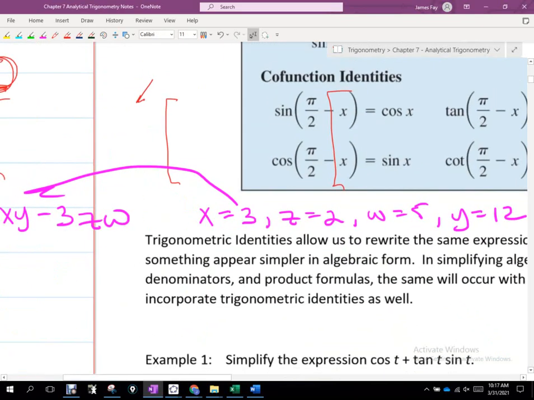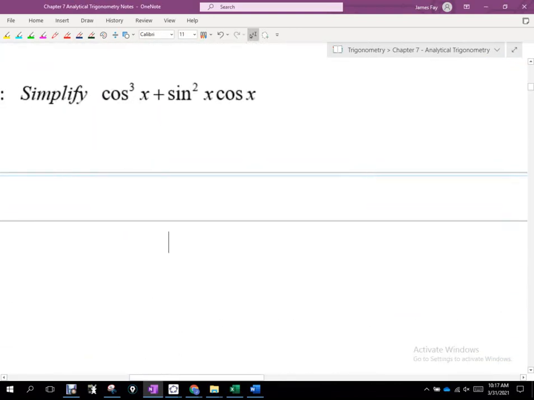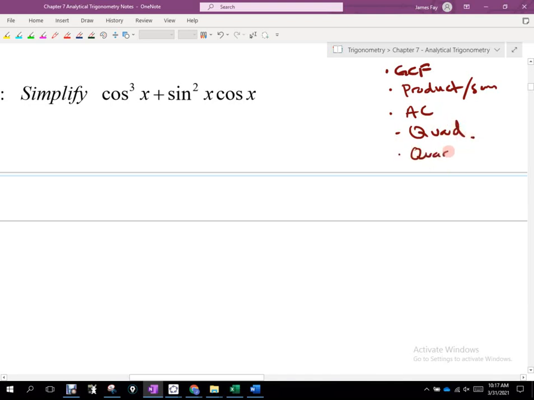If we just said that we are going to start factoring this thing, then we go through our hierarchy of factoring. If you remember, that hierarchy started with like a GCF. That was always the first thing. Does a GCF exist? The next thing was, can I use like a product sum technique? Maybe we could use the AC method. Maybe we could use the quadratic formula. Maybe it was in quadratic form. Maybe it was the rational root theorem, P over Q. You remember seeing something like that? Okay. Same idea happens here.